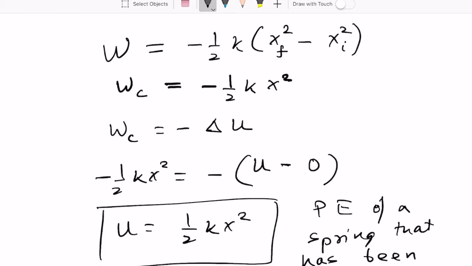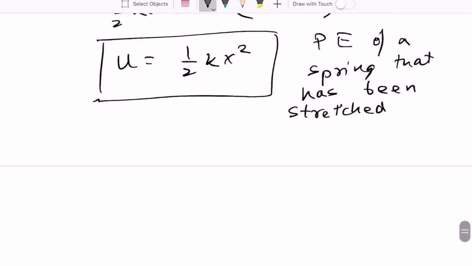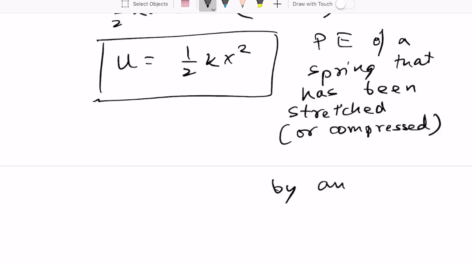And notice that exactly the same consideration would apply if the spring had been compressed by an amount x. Okay, so that's our formula for spring potential energy.